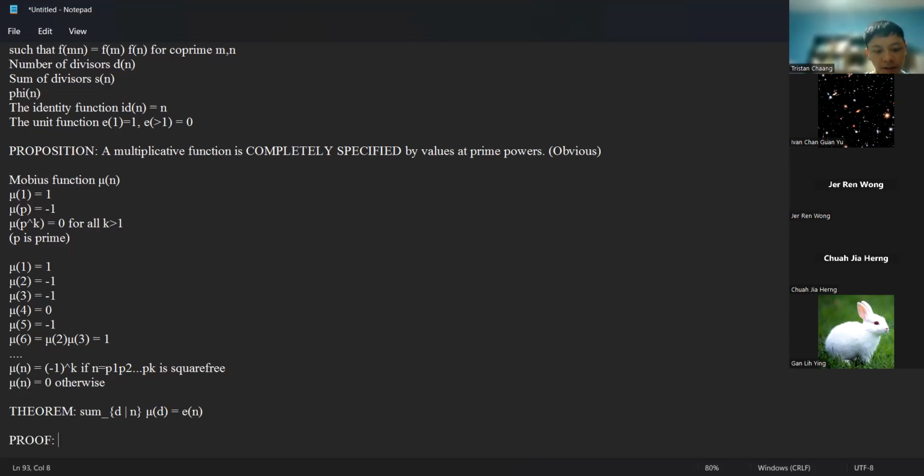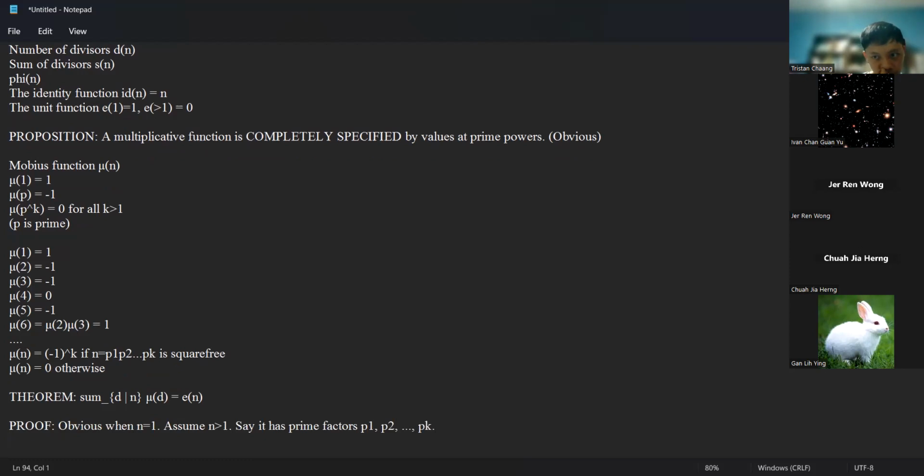Let's prove this directly. It's obvious when n equals 1. Assume n is larger than 1, and say it has prime factors p1, p2, up to pk. Then what really contributes a non-zero amount to the left-hand side? All of those factors that are not square free, that have repeated prime factors, cause the Mobius function to vanish.